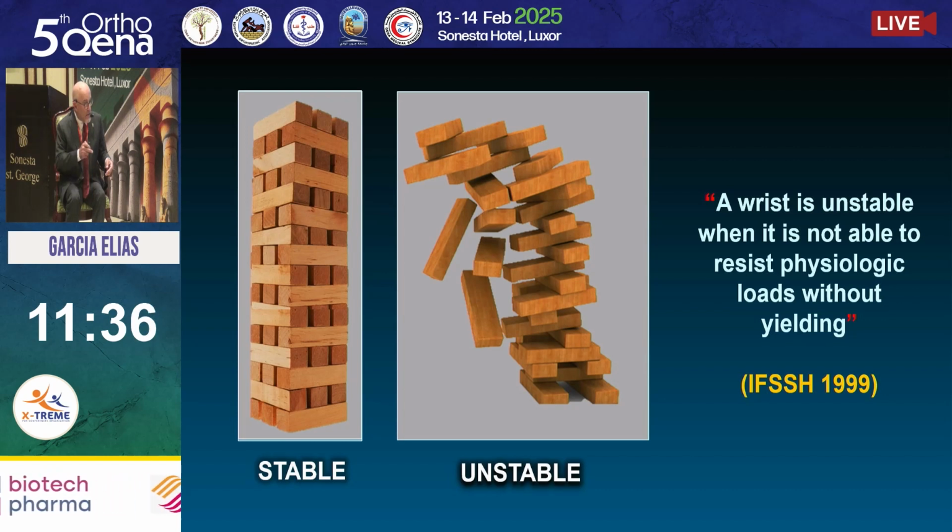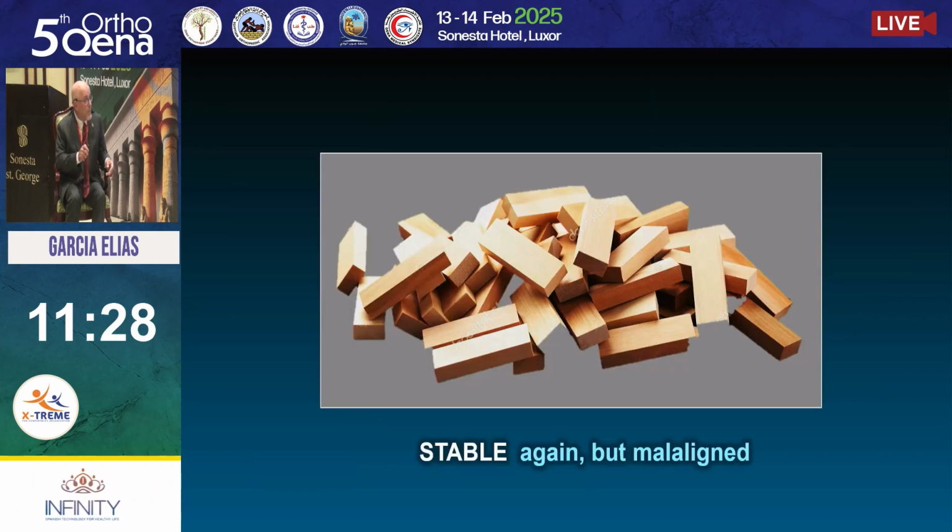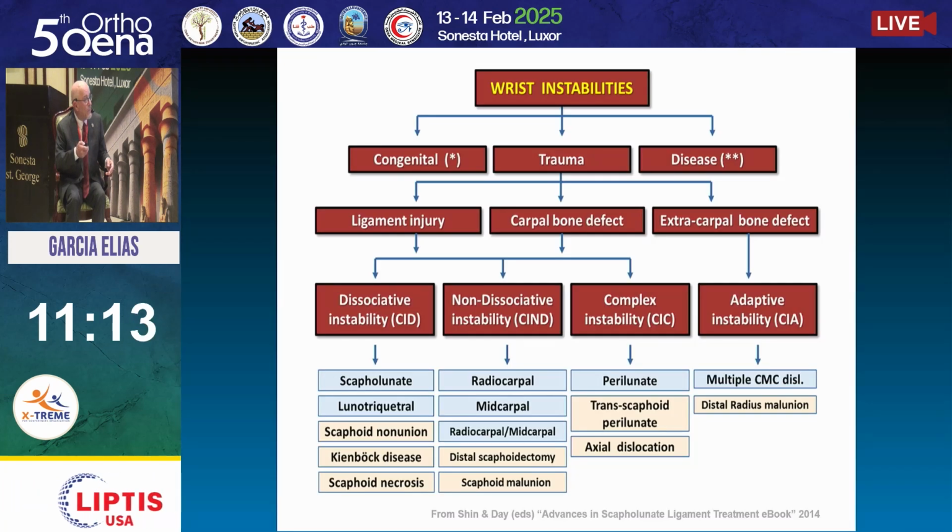Based on that, if you want to solve instability, that's fine, but don't solve malalignment as if it were unstable. This is stable, but it's malaligned. That's exactly my concept. If we have something like that, it needs to be treated in a different way.